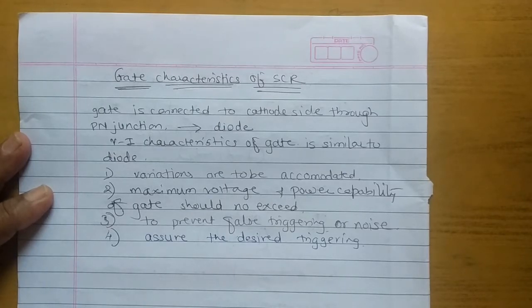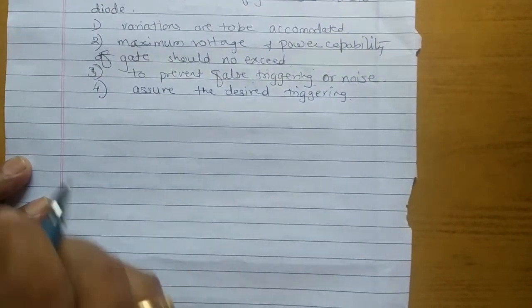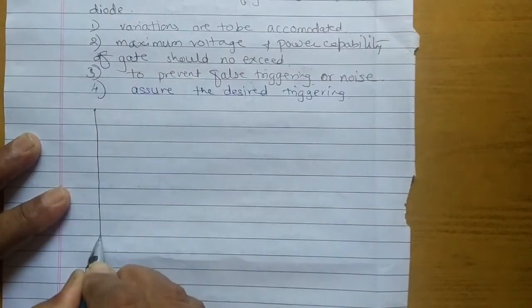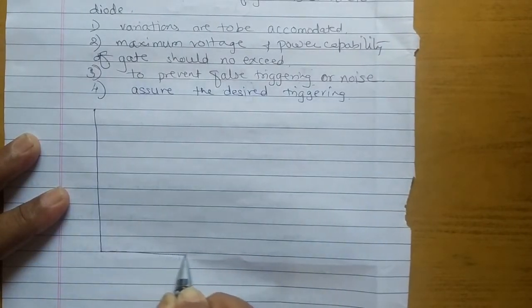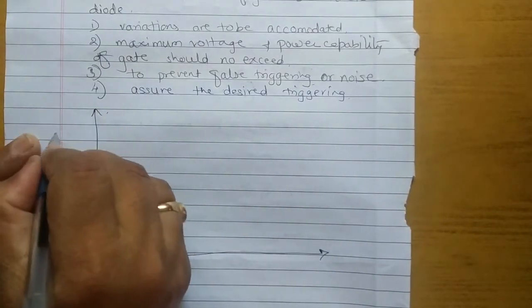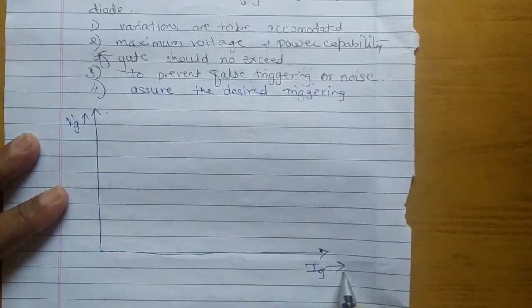of the SCR. Now I will just draw the gate characteristic of SCR. The gate characteristics means VG versus IG, that is gate voltage versus gate current.